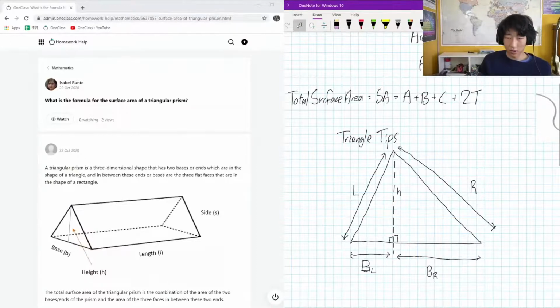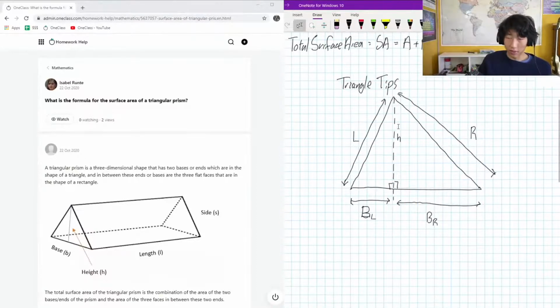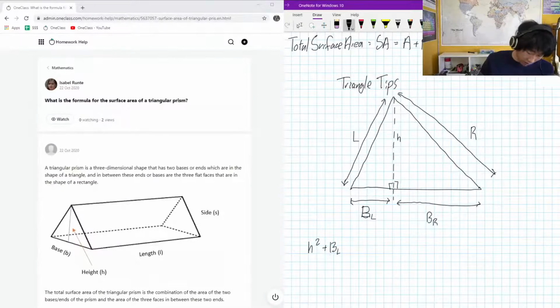As long as you know some of these things, some of the relationships that we can keep in mind are that the square root of h squared plus BL squared is equal to L, and R is equal to the square root of h squared plus BR squared.